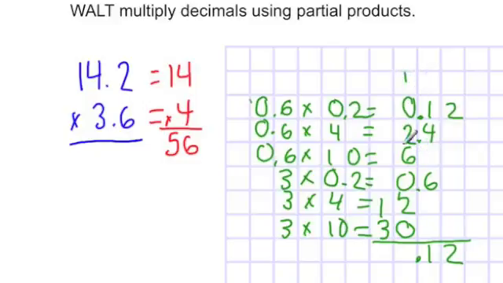And then we're going to add up these numbers. I have 3, 9, 11. Okay, so a 1 goes here. Carry it over. Don't forget about this one. The first time that I added these up, I forgot about it. So 1, 2, 5. So I have 51 and 12 hundredths.